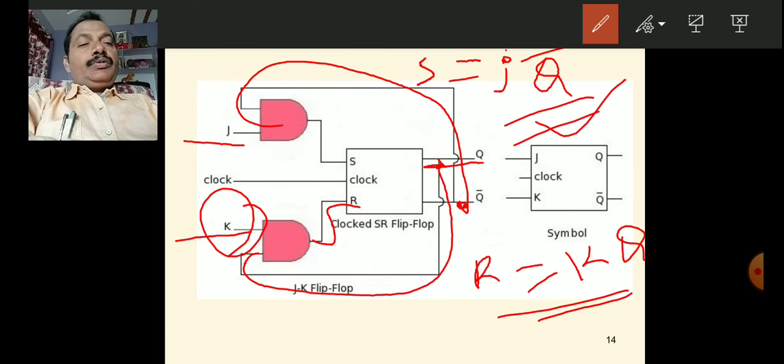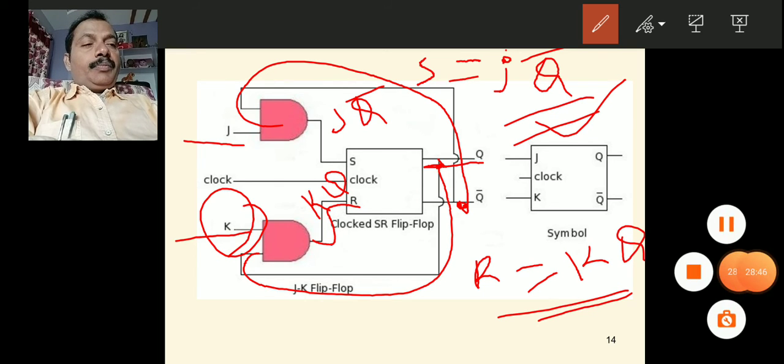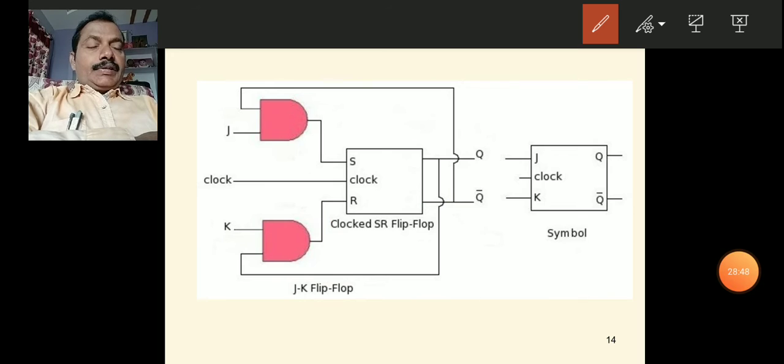Here you observe S equals J Q bar, and R equals K Q. So that is important. So this is the JK flip flop.